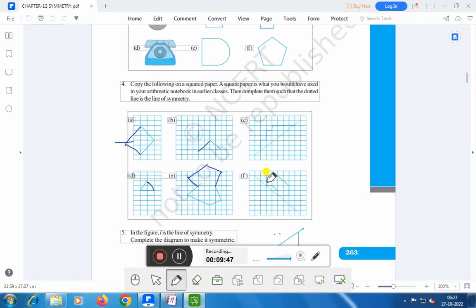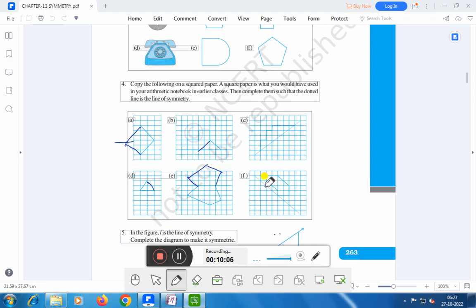Therefore, you can draw like this. You have to draw a line of symmetry like this.